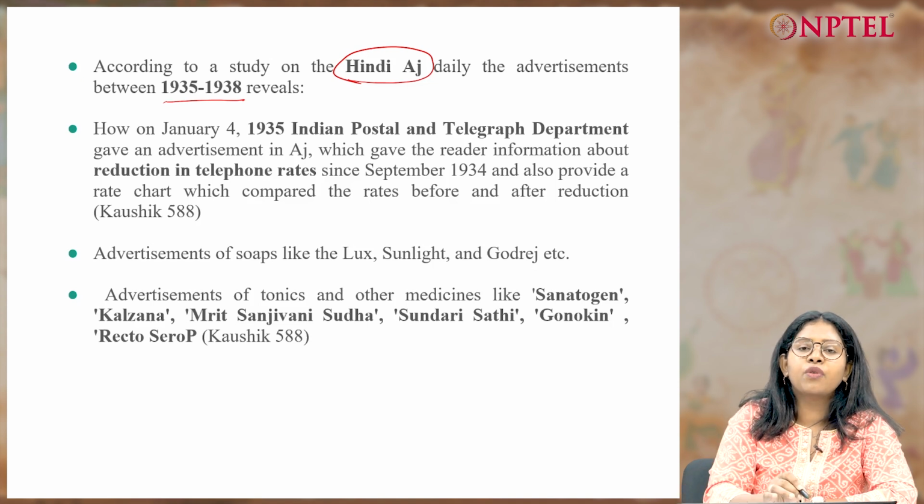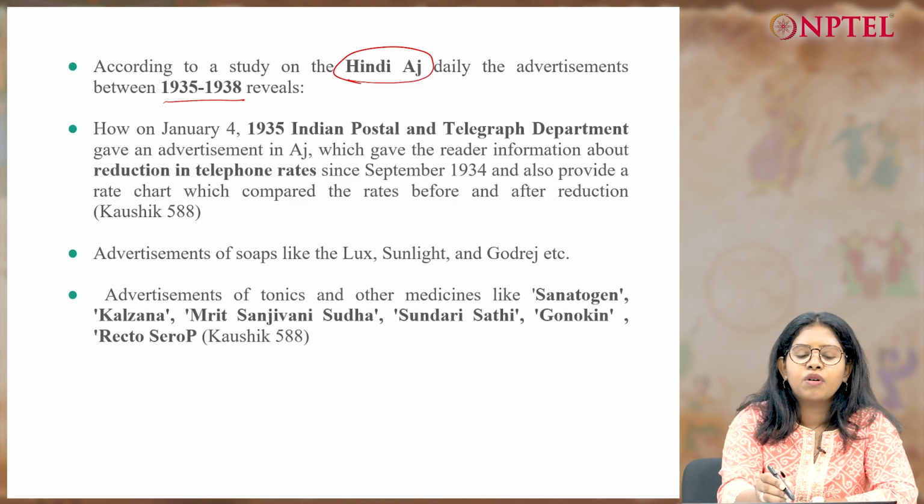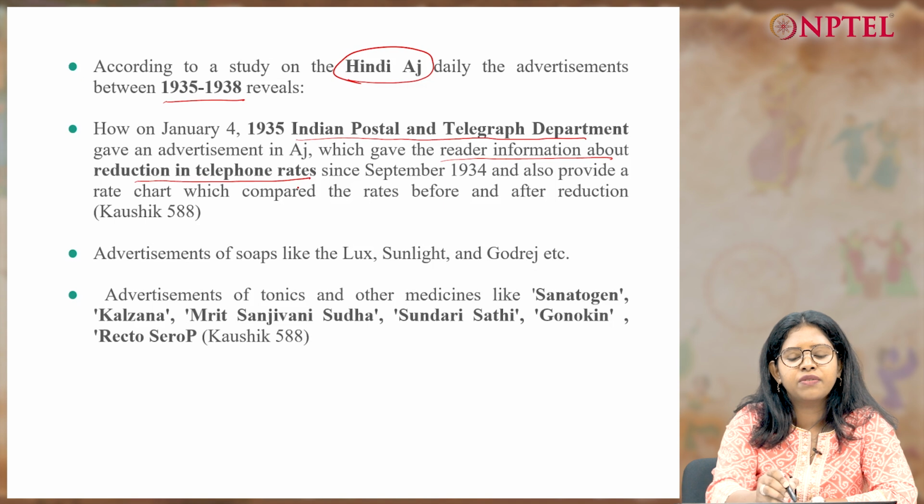So it is before the conceptualization of the state, but it is in that area where this particular newspaper was famous. Now on January 4th, an advertisement came up in this Aaj Daily, and it said, Indian Postal Telegraph Department has reduced the prices. Which gave the readers information about reduction in telephone rates since September 1934.